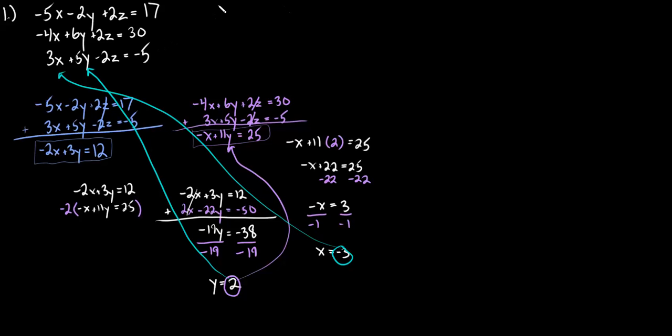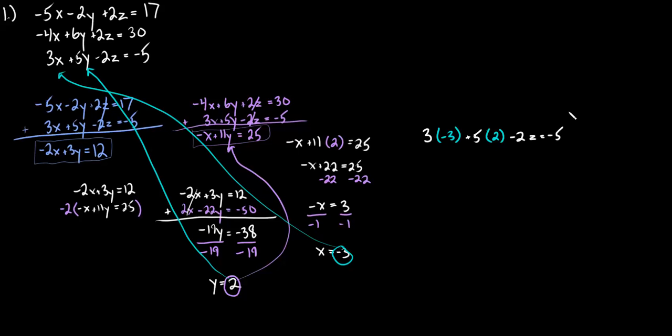So I'm going to write it over here: 3x, and x is negative 3, plus 5y, and y is 2, minus 2z, that's the only one I don't know anymore, is equal to negative 5.